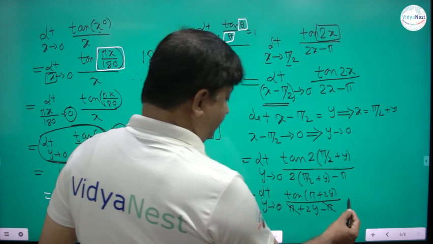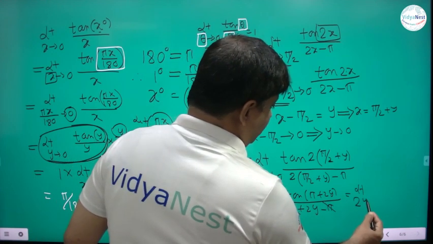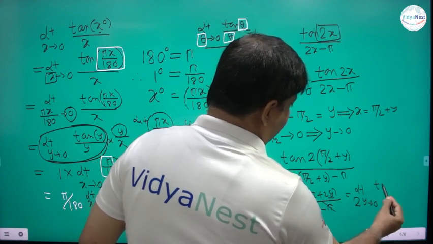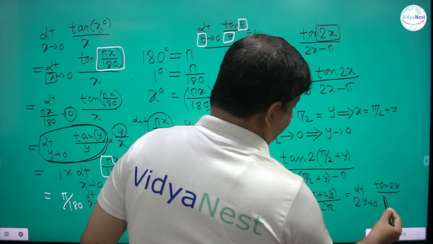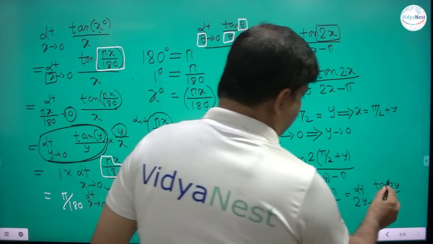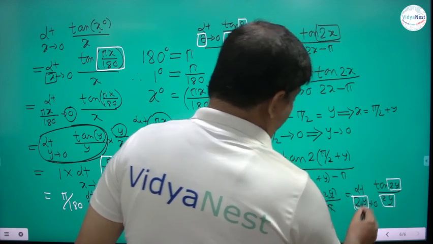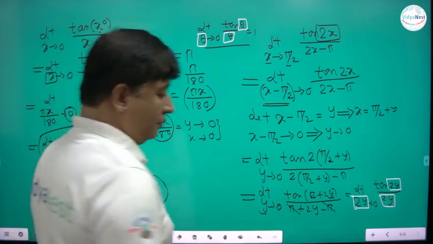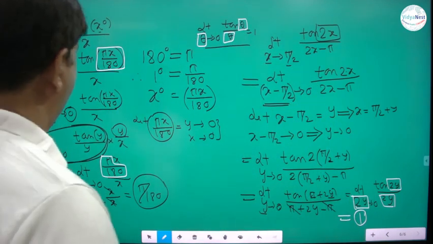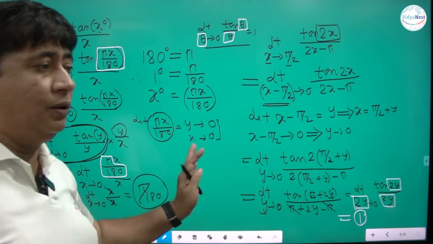So I can write limit y tends to 0, which means 2y also tends to 0, tan of pi plus theta is tan theta. So you observe, 2y, 2y have become the same. I am entitled to put 1. Hope you could follow.